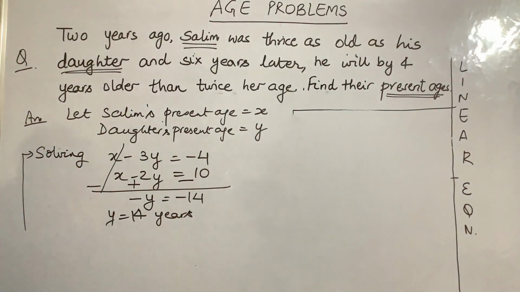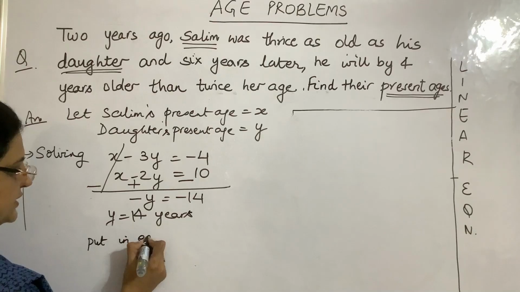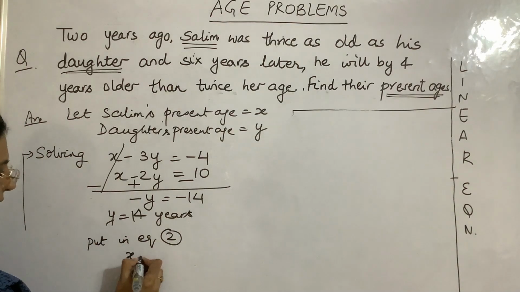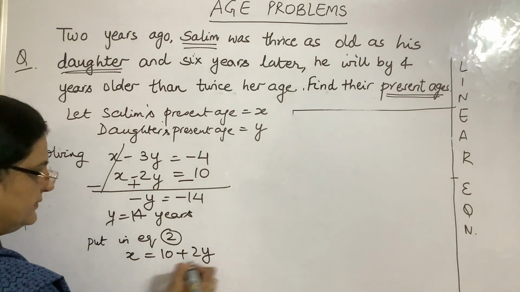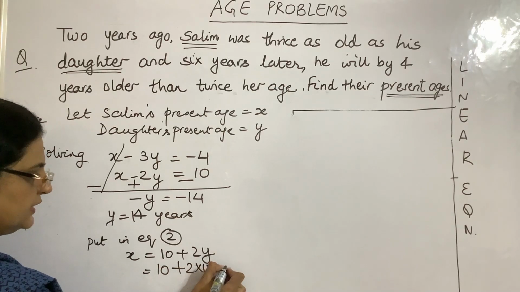So the daughter's age is 14 years. Now put it in equation 2, let us say. So we will get x is equal to 10 plus 2y, which is equal to 10 plus 2 into 14.